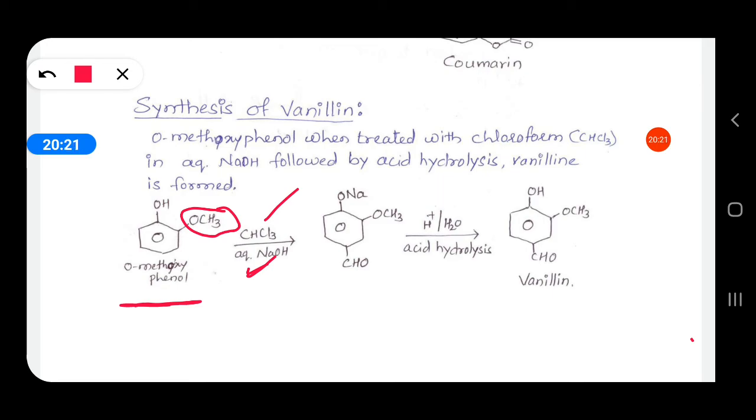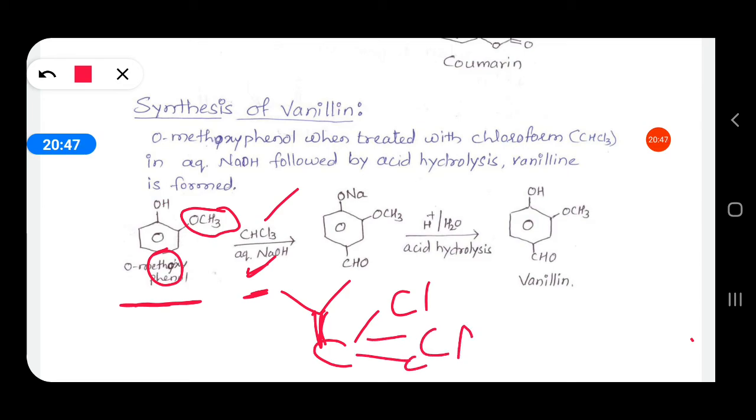So in presence of aqueous NaOH, this chloroform is added at the para position. Initially it is added at the para position, so it forms the carbon. Here chloroform is added at the para position, CCl3, like this it is added.